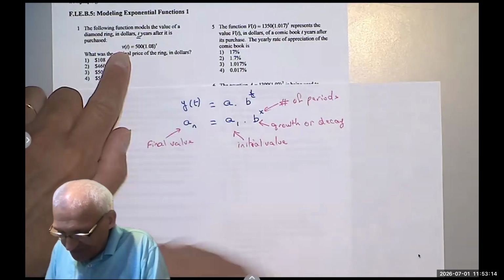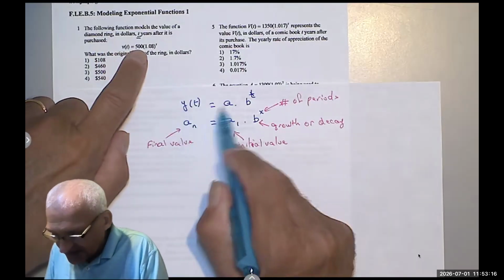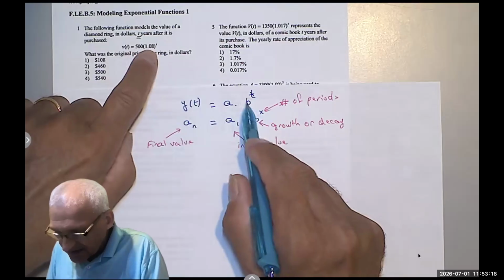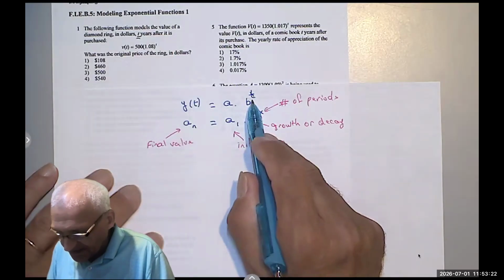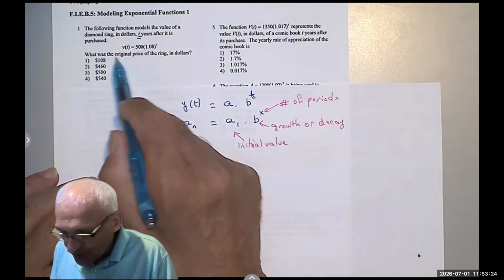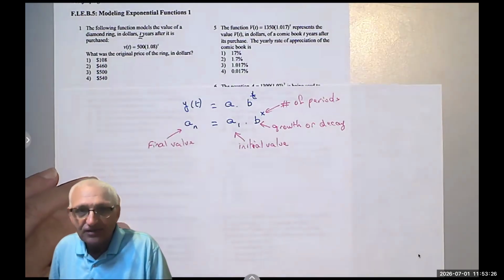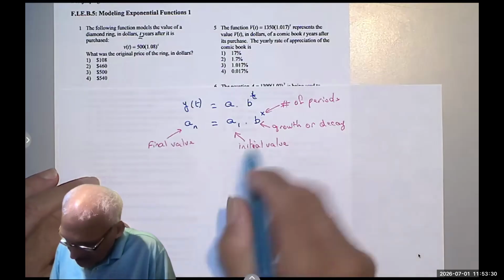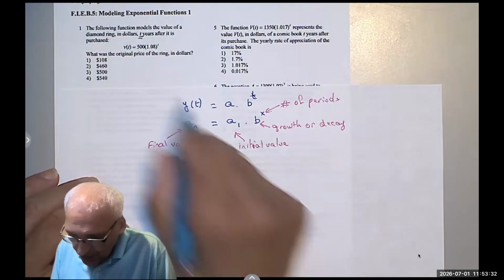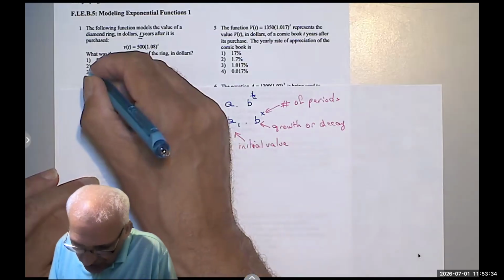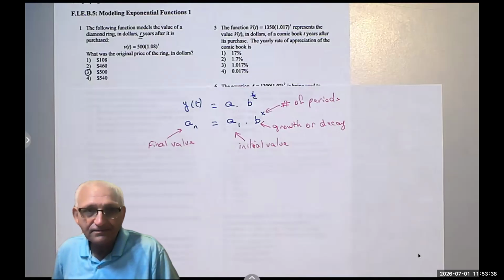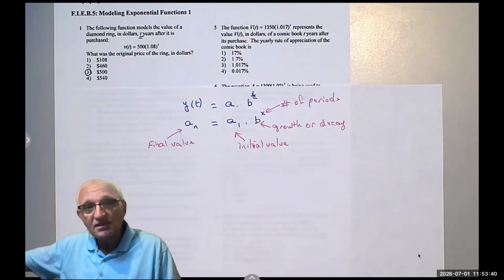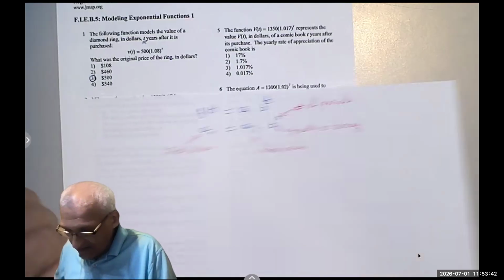It says V of t or y of t equals something times growth or decay raised to the power of t. And they ask you, what was the original price of the ring? Original meaning initial. Initial is this guy, which is the 500. So I bought the ring for $500. And then later it will be appreciated.